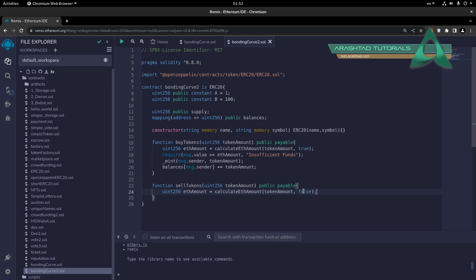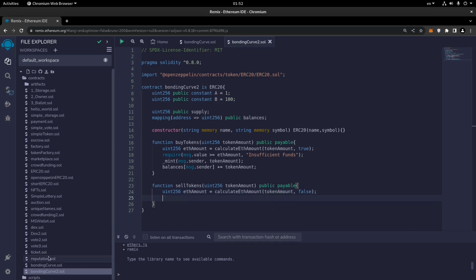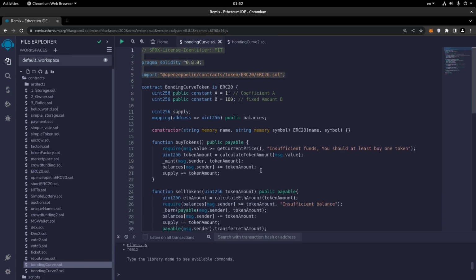So if it's true, the price should go up. If it's false, the price should go down. We've added this to this smart contract, but in the previous one, it wouldn't matter. Why? Because the price at that specific moment was kind of a fixed price, and it would be fixed for any number of items that you wanted to buy, and it would change afterward.